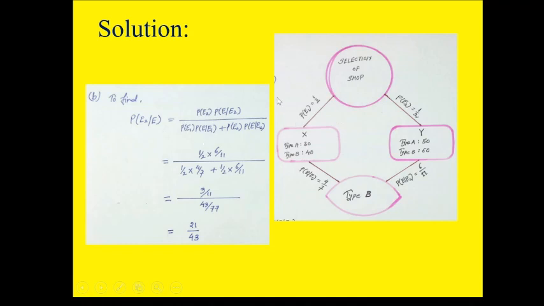So this is the formula, and if we have the diagram, there is no possibility of mistake, because I have seen in the examination many times students are confused whether to write E by E2 or E2 by E. Here also lots of mistakes take place, but if you have the diagram, there is no possibility of any mistake in writing the original formula of Bayes' theorem. After writing the formula, the rest of the part is very easy. Just put the values, numerator the favorable number of ways, denominator the total number of ways, and the answer comes out to be 21 by 43.